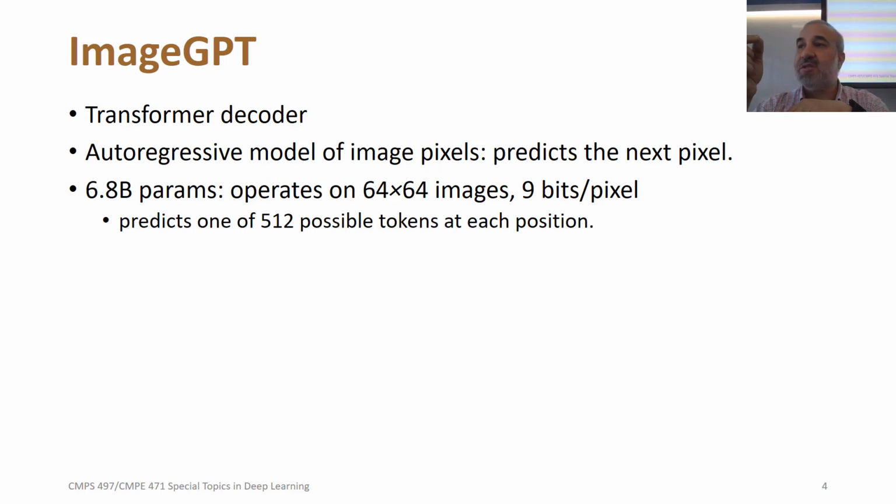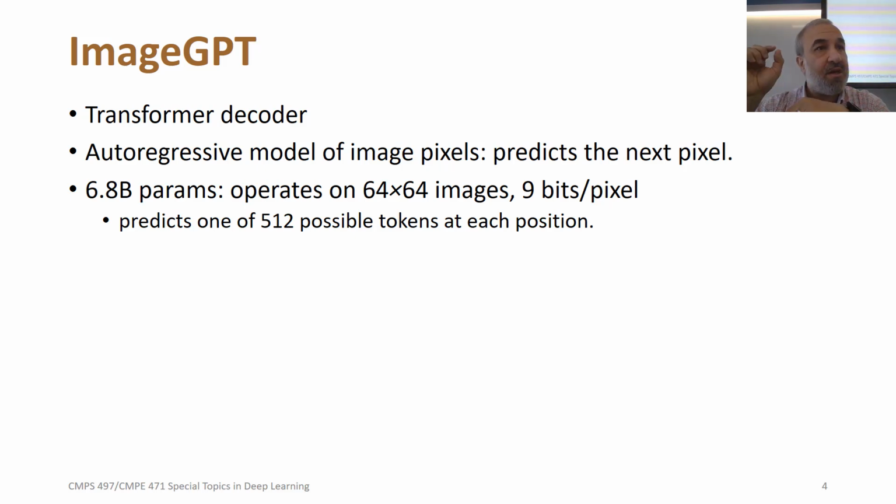And the RGB values represent the color, and usually it is like 32-bit or 64-bit or whatever. But it was quantized here to be 9 bits only, so that it can be processed using the transformer models. If that's the case, then each pixel has one value out of 512 values, because we have 9 bits to represent each pixel.